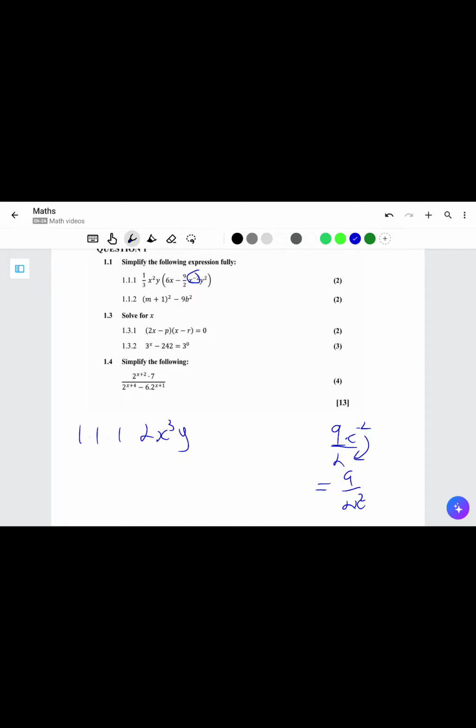Alright, so what can we do now? We can now say a third times 9 over 2x squared, right? So what is that going to look like now? That will now give you 1 times 9, which is going to give you 9, and 3 times 2, which is going to give you 6.